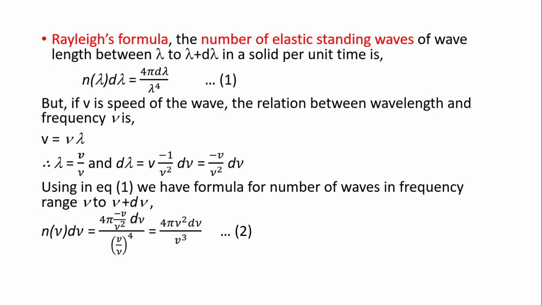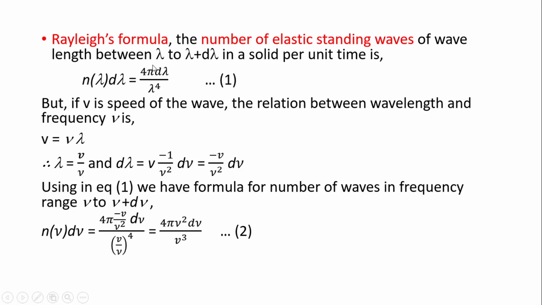Now, if v is the speed of the wave, the relation between wavelength and frequency nu is given by v equal to nu lambda. Accordingly, we find lambda and d lambda as shown here, and after substitution of the values of lambda and d lambda in equation 1, we obtain the formula for the number of elastic standing waves in the frequency range nu to nu plus d nu.